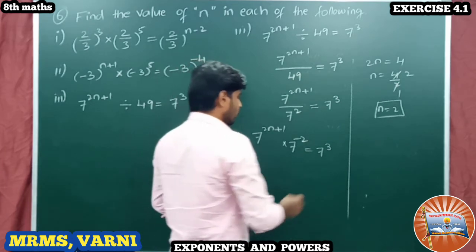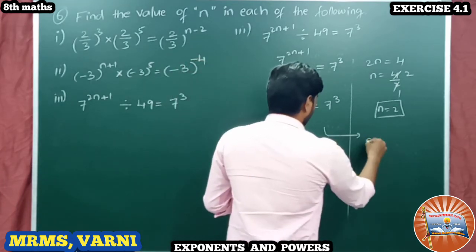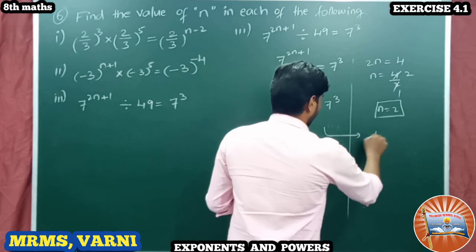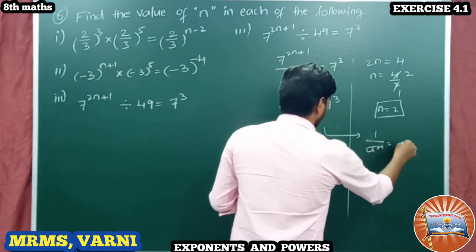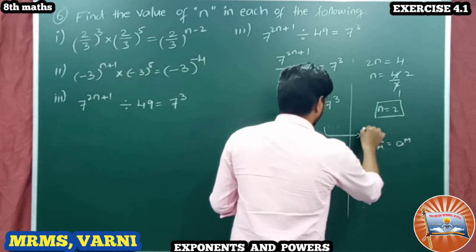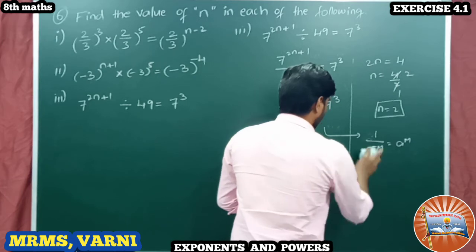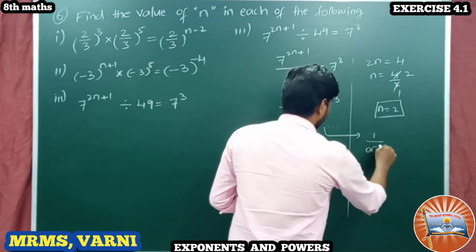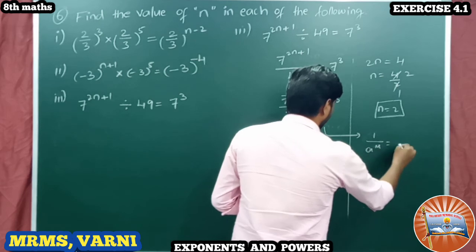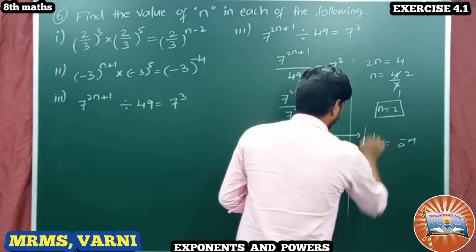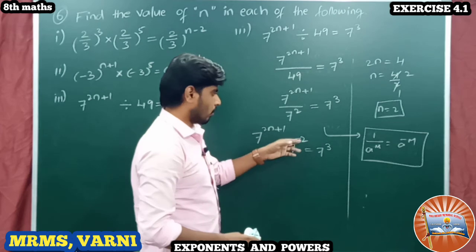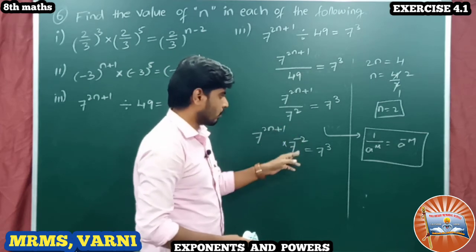The use of which formula? 1 by a power minus m is equal to a power m, or you can write 1 by a power m is equal to a power minus m. With this formula, 7 square becomes 7 power minus 2.